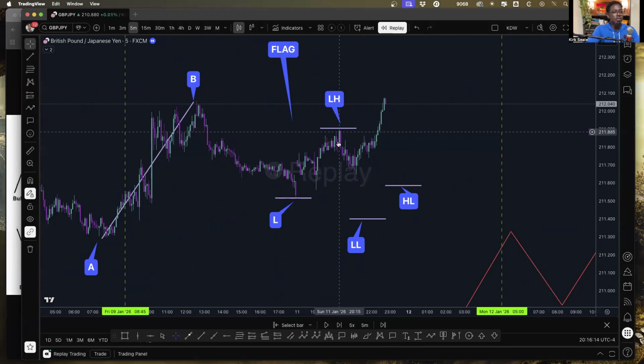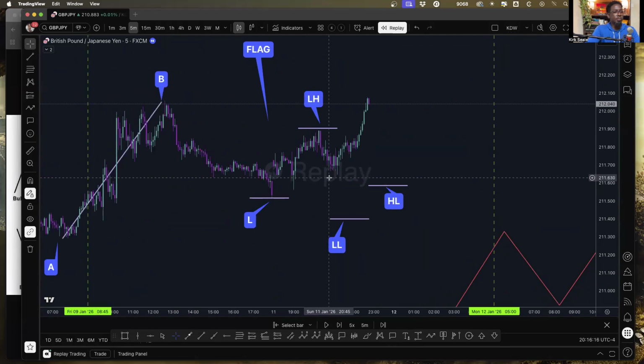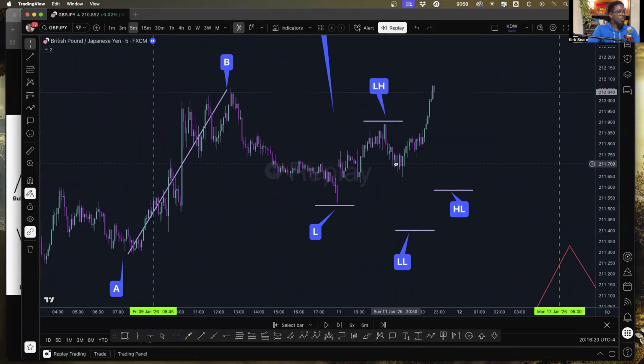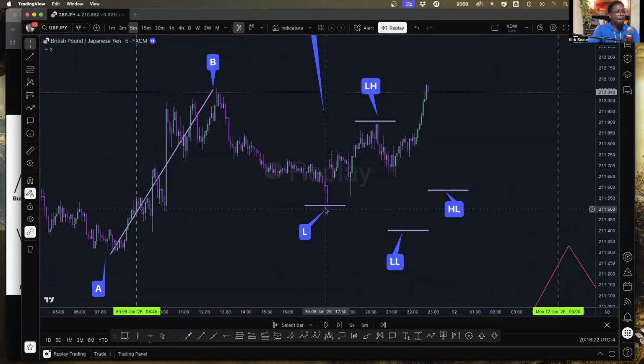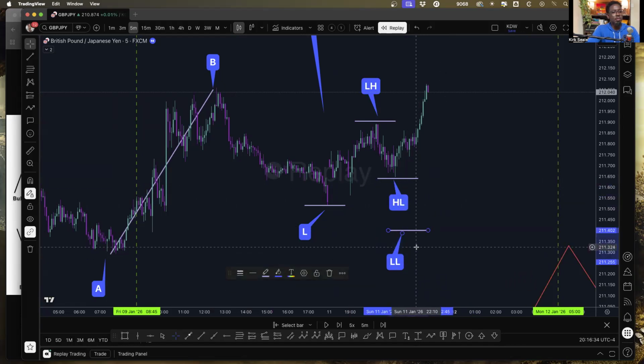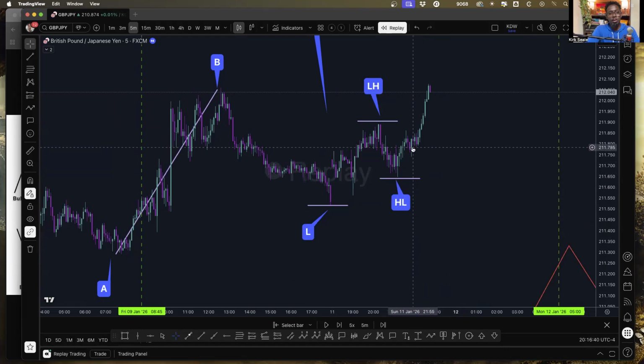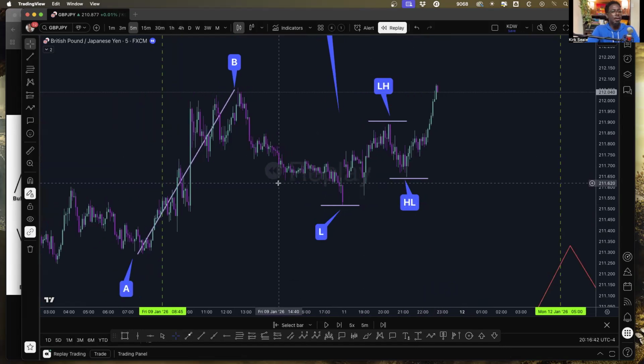All right. So this was a low, this was a lower high. This turned out to be a higher low, right? This ended up being a higher low instead of us getting a lower low.